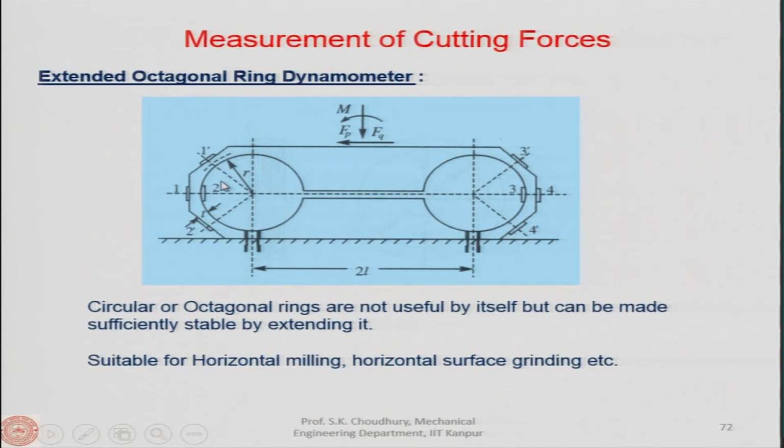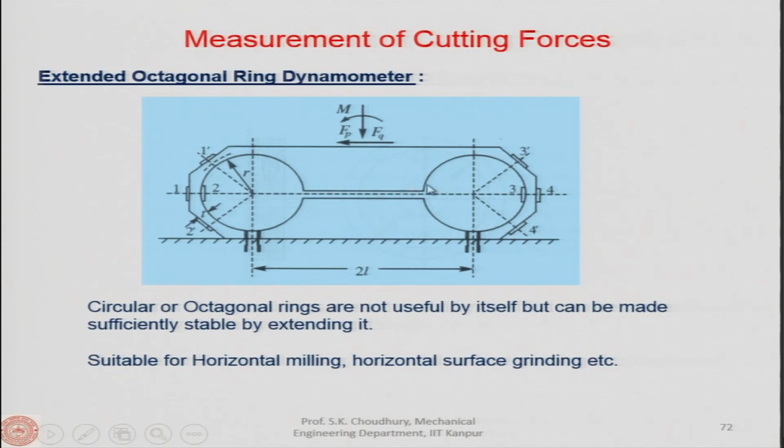Now, here the rigidity of the octagonal dynamometer has been increased. So, the structure is like this, that we have the octagon, but this is an extended octagon, therefore, it is called the extended octagonal ring dynamometer, because the principle is of the ring dynamometer, but this is not simply an octagon, but an extended octagon.